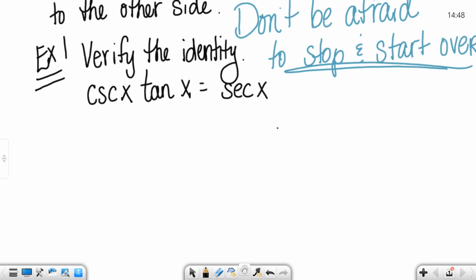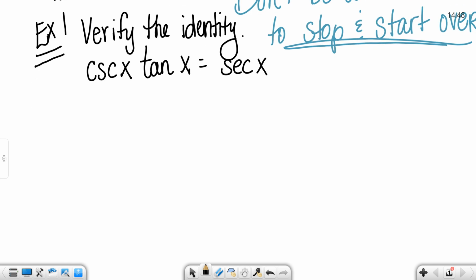I have to decide which side I'm going to work with. It seems clear I want to work with the bigger side, the left side. So I'm going to use those reciprocal identities to help me out. I know that cosecant is 1 over the sine. I use the quotient identities for tangent: tangent is sine over cosine.